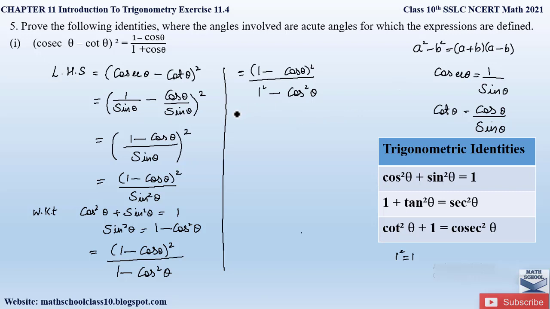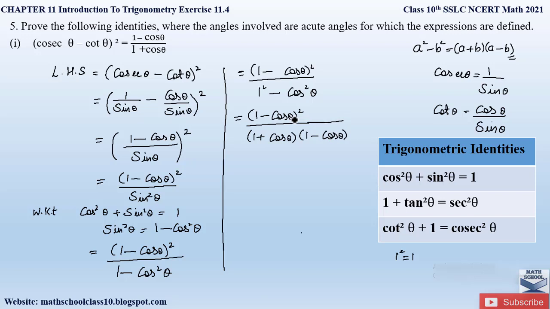Let us write where our a value is 1 and b is cos theta. Applying this identity, the numerator is 1 minus cos theta the whole square divided by a plus b, which is 1 plus cos theta, into 1 minus cos theta, right?